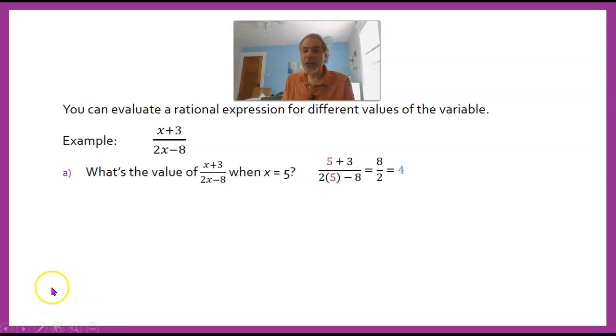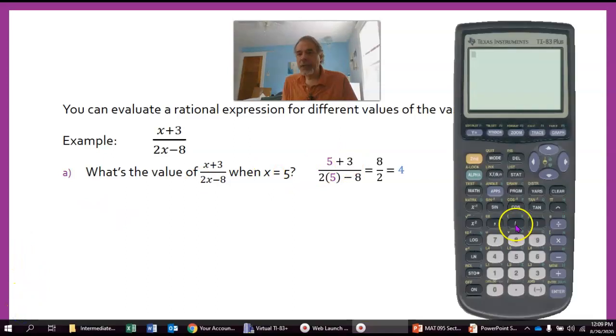Now, if you are doing this on a calculator, be careful. If you put this all into a calculator, you're going to want to put parentheses around the numerator and around the denominator, like this. So we would put this in as parenthesis 5 plus 3, close parentheses, divided by parenthesis 2 times 5 minus 8, close parentheses.